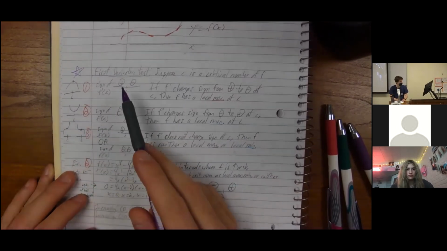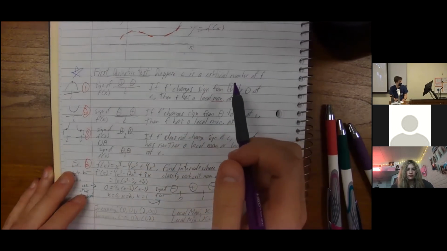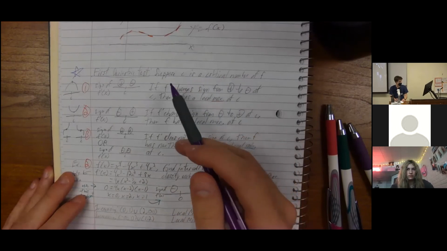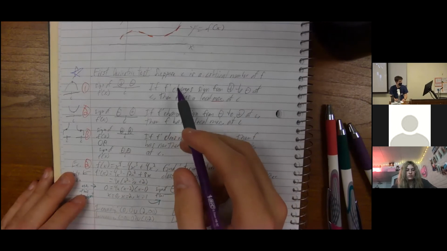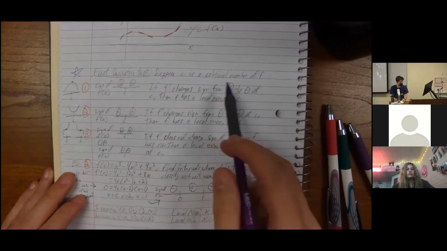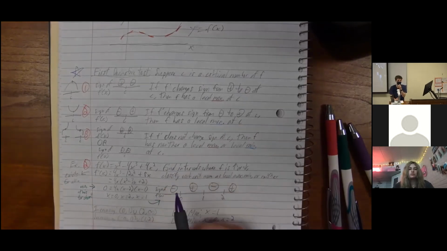If you have some critical number c of f, and by critical number I mean an x value for which the derivative of the function is 0. So when you take the derivative of f, set it equal to 0, and solve for x, those are critical numbers.